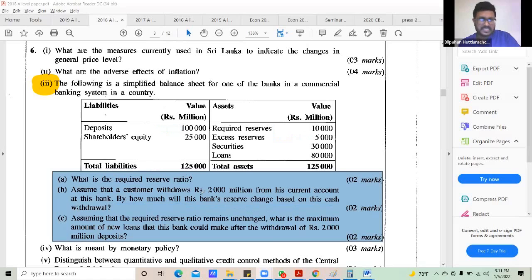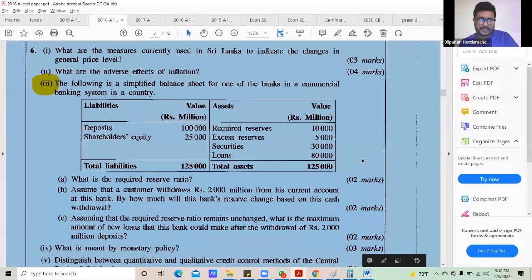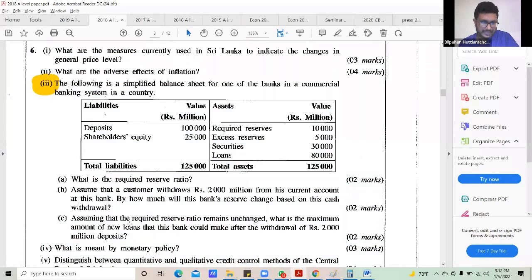Yes. So we'll go for C part then. What is C? Assuming that the required reserve ratio remains unchanged, that means SRR is still 10%.